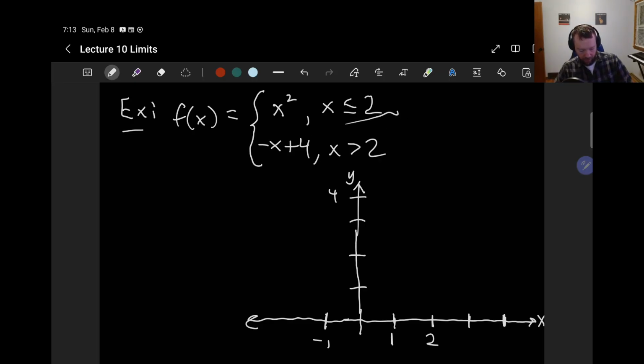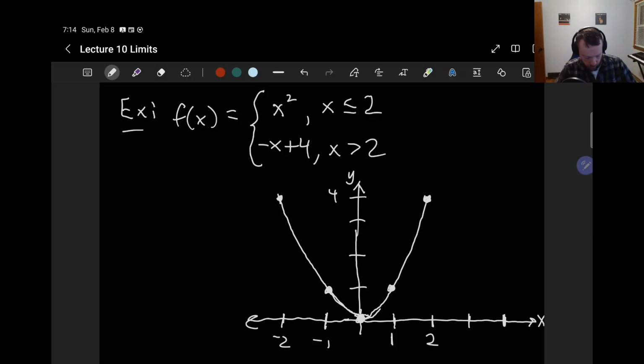All right, so when x is less than or equal to 2, this is going to look like the parabola. So we have a height of 4 at negative 2, height of 1 at negative 1, 0, 0, 1, 1. And then we have the point 2, 4. Okay, connect. That doesn't look amazing, but it'll do.